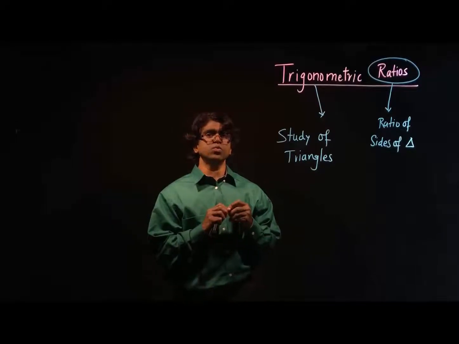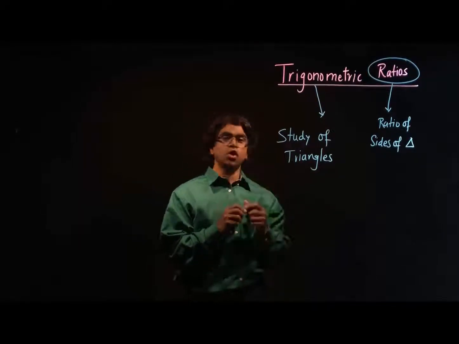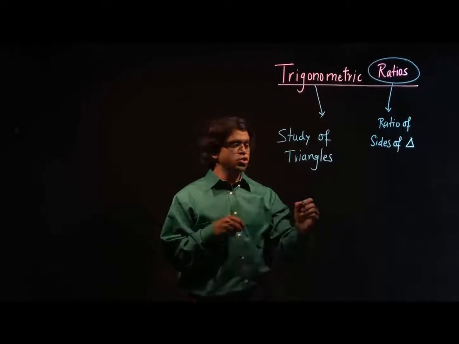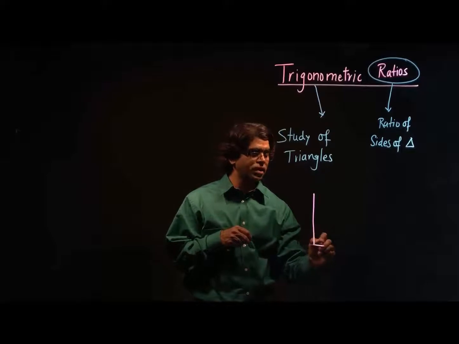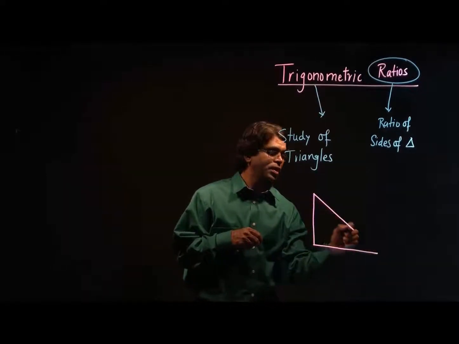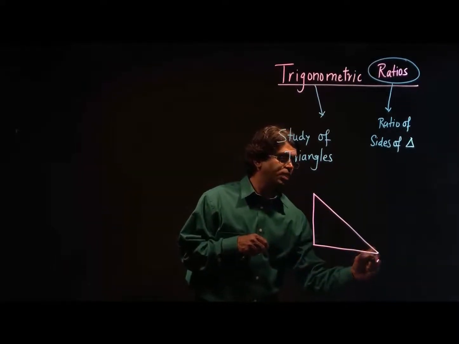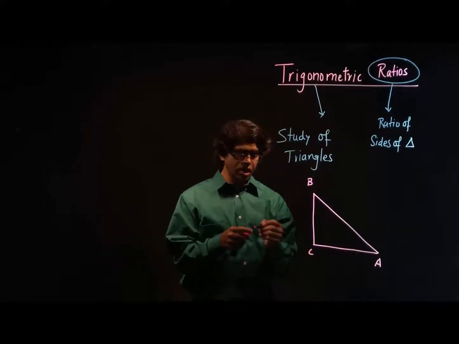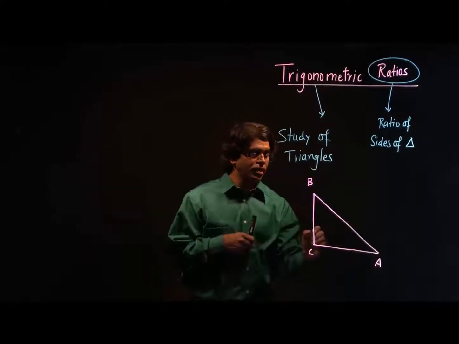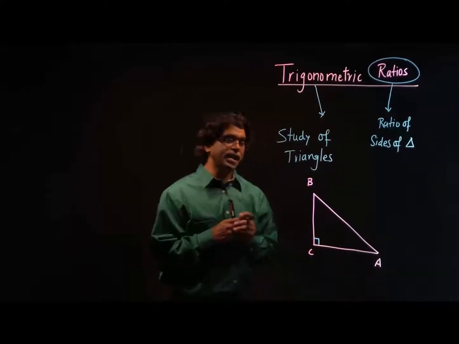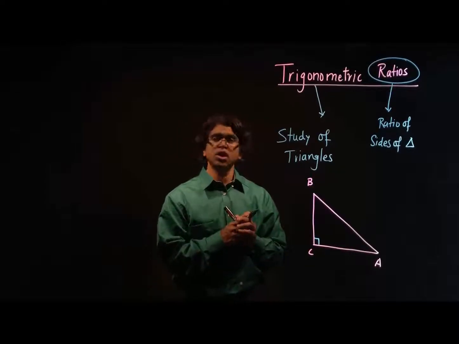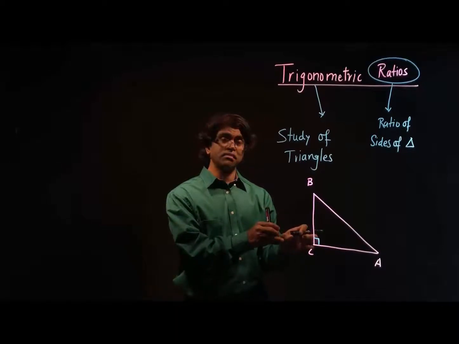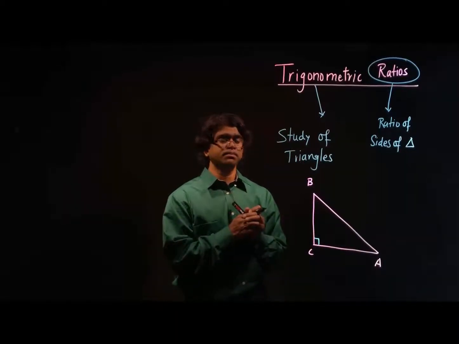First things first, I'm going to draw a right triangle, and we all know what a right triangle is, right? So this is my right triangle ABC, and if you remember, this is the symbol of a right angle. We already talked about the symbol for the right angle in our previous video. When you see this symbol, it means it's the right angle.